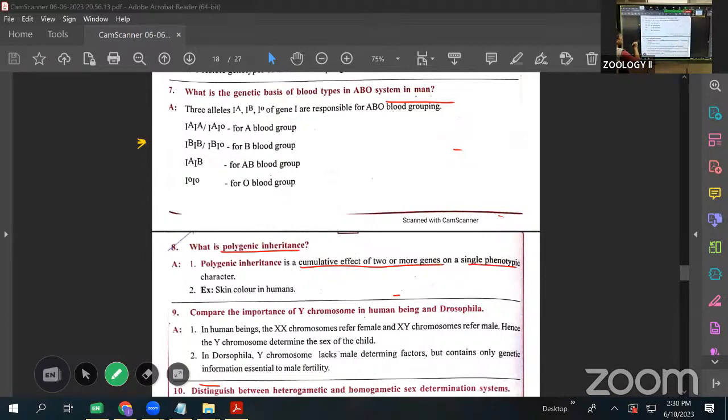Before that, pleiotropy means one gene having different effects. In polygenic inheritance, one character is expressed by more than one gene, a number of genes expressing only one character. An example is skin color in humans.